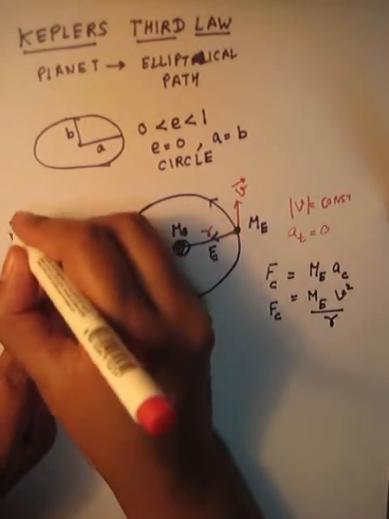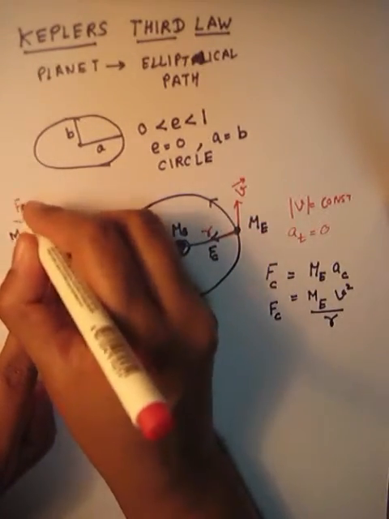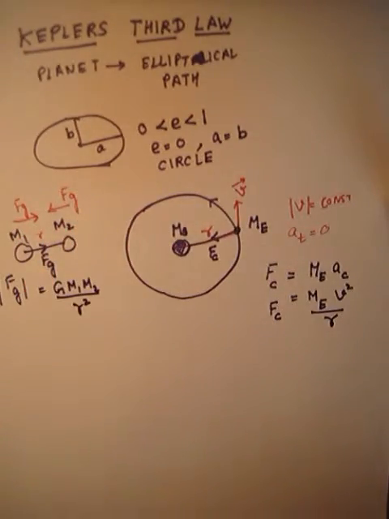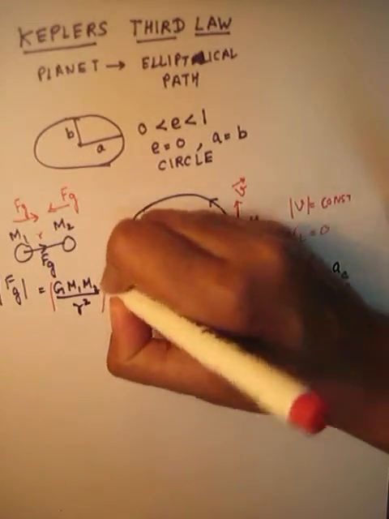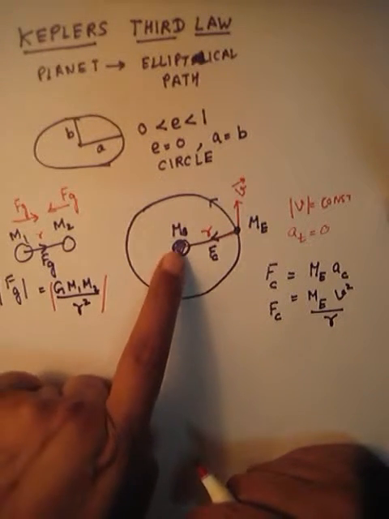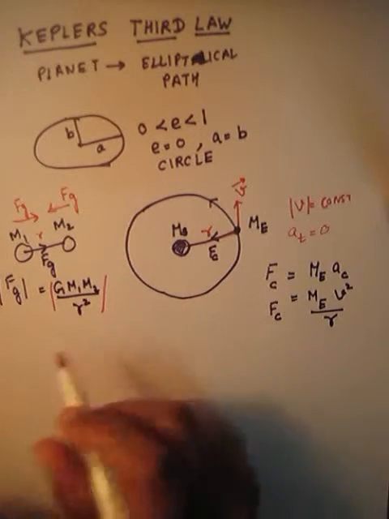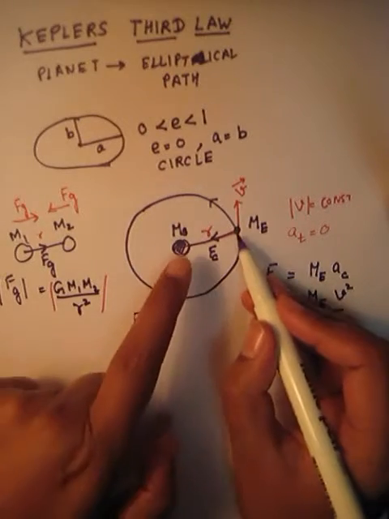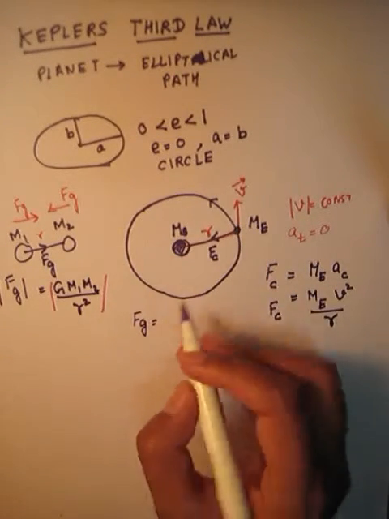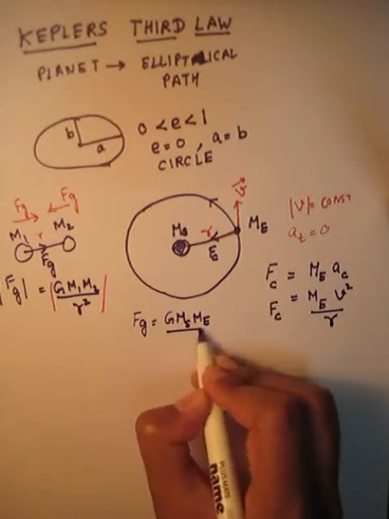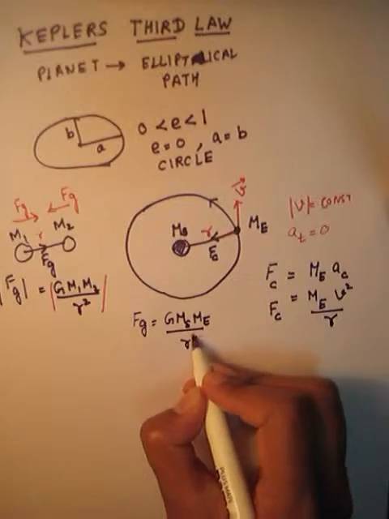This Fg is the same for both of them. If this force is Fg, then this force will also be Fg. The magnitude is the same, directions are opposite. So this will be the gravitational force acting between these two masses. So if we use it here, the gravitational force between these two masses will be capital G ms me divided by the distance square, so r square.